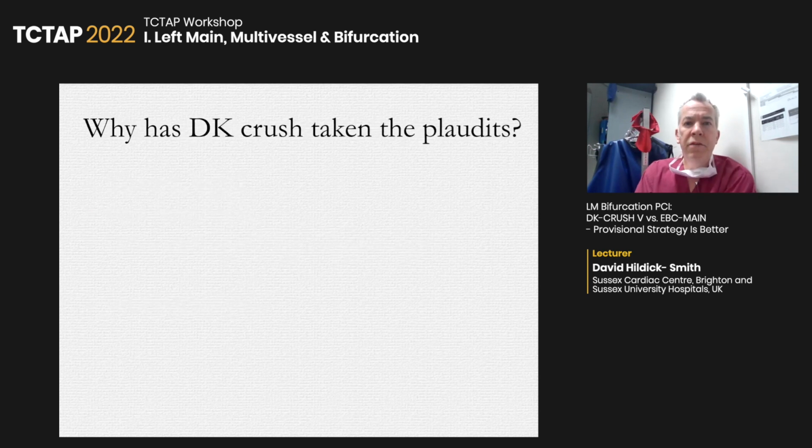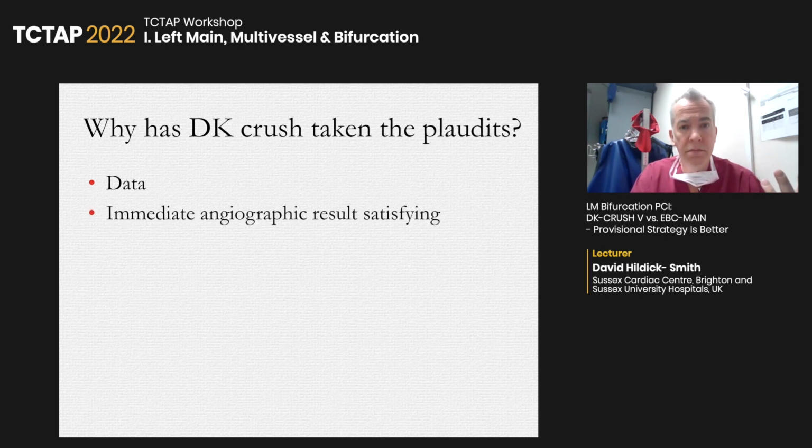So why is it that DK crush has taken the plaudits and is in the guidelines for left main? Well, of course, very much to Xiaoliang Chen's group's credit, they've created a huge body of data to show that DK crush can be done with very good results.